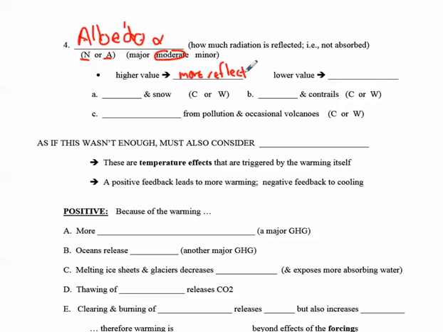In other words, we absorb less, and a lower value means we absorb more, and that's usually a warming effect. So a higher value is cooling, and a lower value is warming. If we reflect more sunlight, there's less for us to absorb.